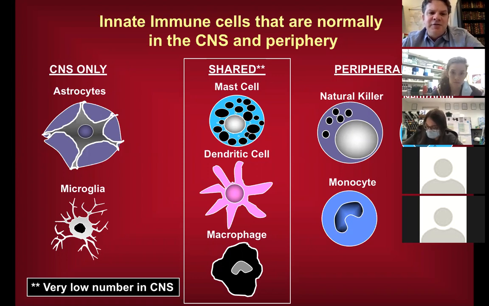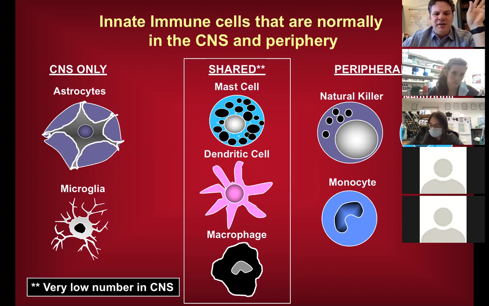You'll find some level of dendritic cells and some level of macrophages, but they're really in specialized areas, and so they're not considered brain resident cells. And then in the periphery, you see mast cells, dendritic cells, macrophages, natural killers, neutrophils, and monocytes. So the periphery has a whole component of immune cells, where the brain has some compartments of peripheral immune cells and a few cells that have some innate capacity.